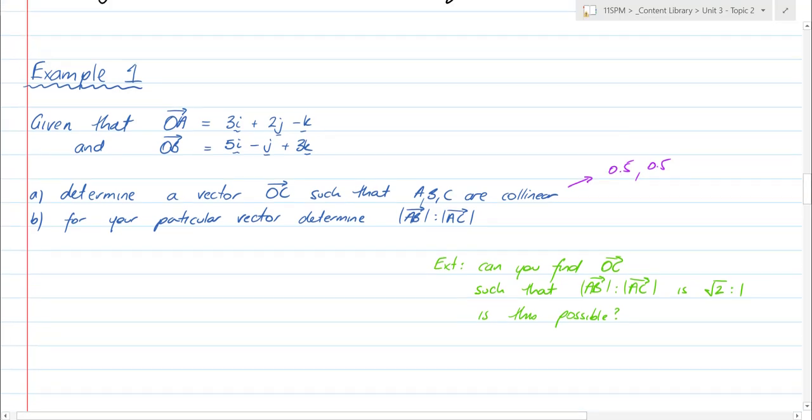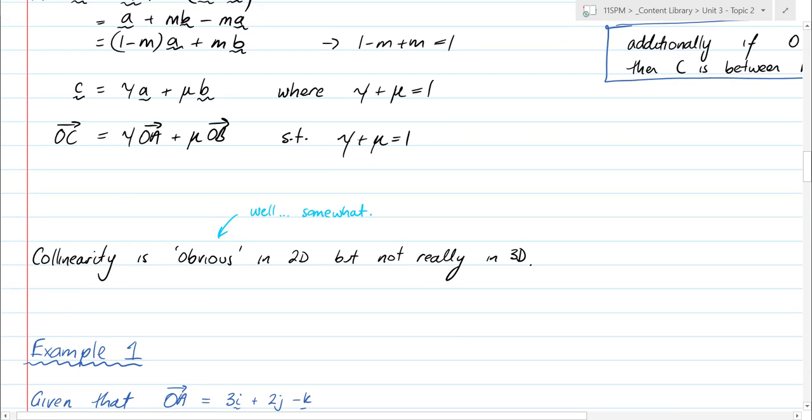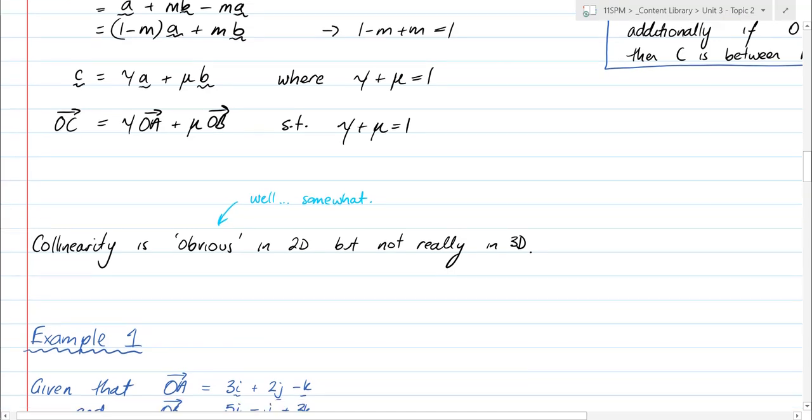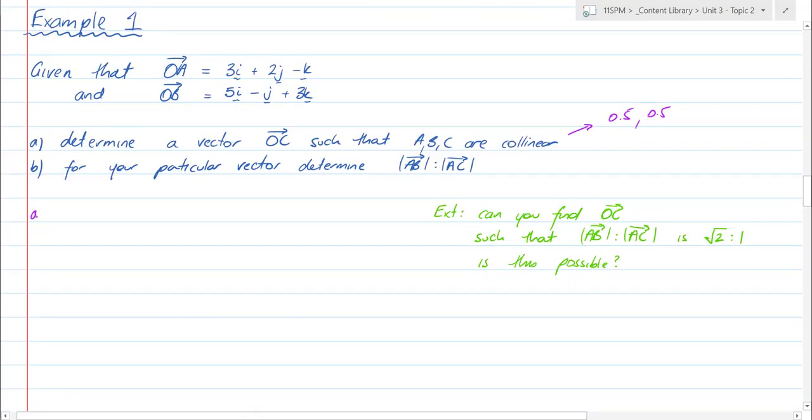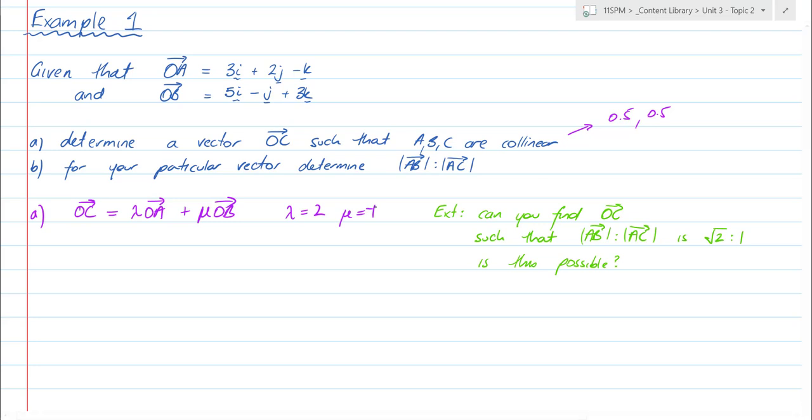So remember, OC equals lambda OA plus mu OB, but I'm going to choose my lambda to be 2 and my mu to be -1, and I still follow that property of lambda plus mu equals 1. And so Dylan, if you can play yours out, that would be really helpful. We'll have 2 examples at least to do a comparison with.